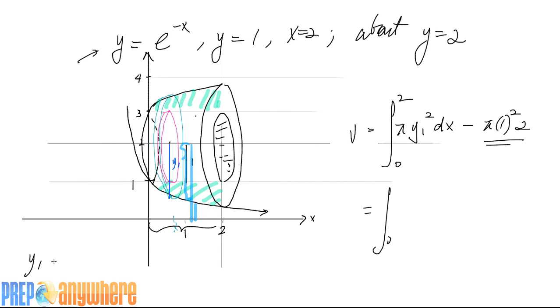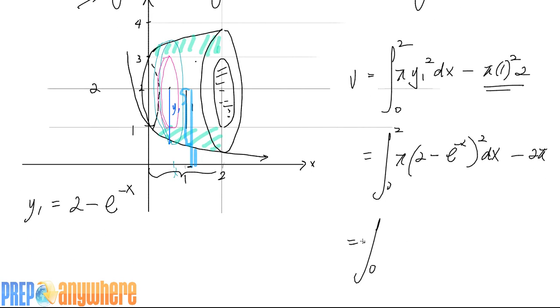The height from the base all the way to the line of 2 is just 2, a constant, minus the y value of the exponential function, which is e to the power of minus x. So that's our y1. So we have pi times the integral of (2 minus e to the power of minus x) squared dx, minus 2 pi.